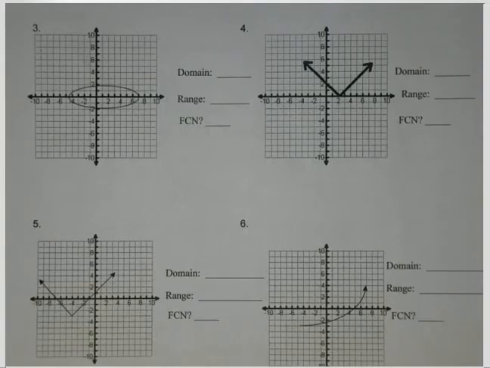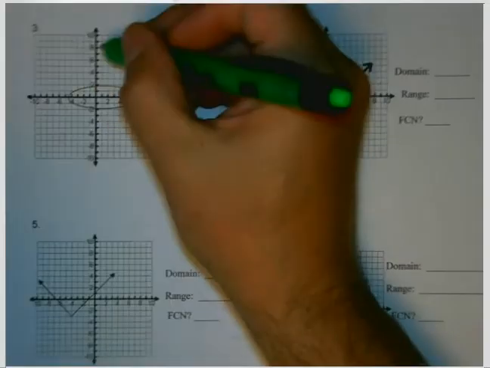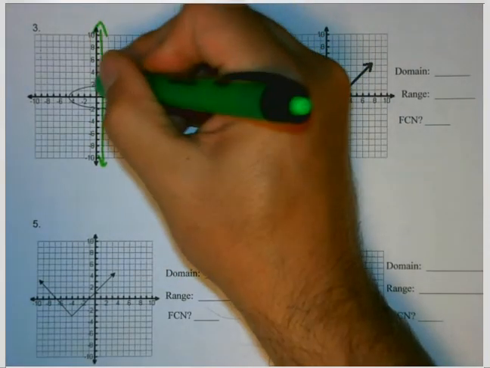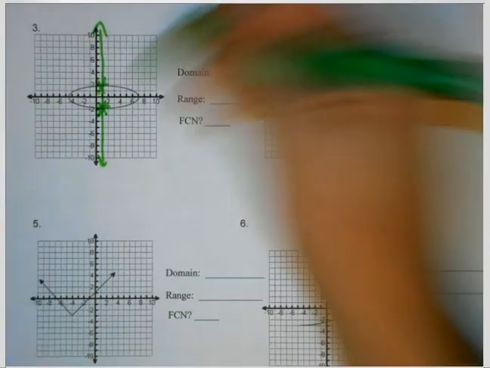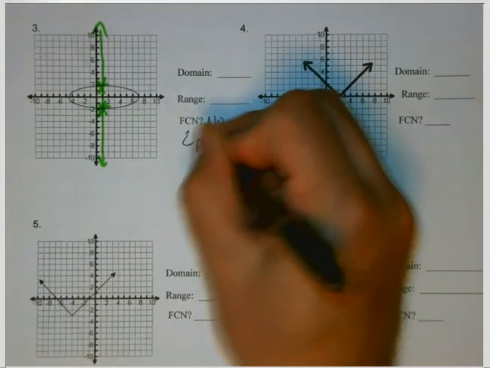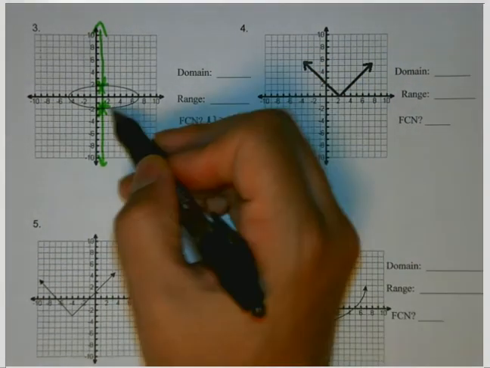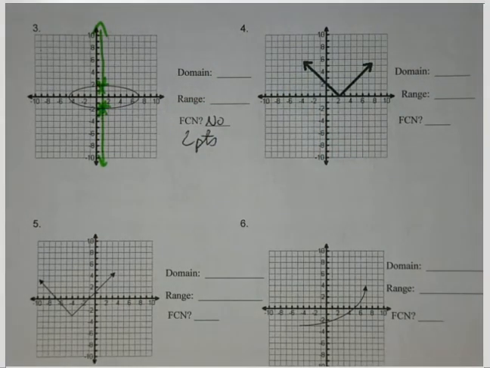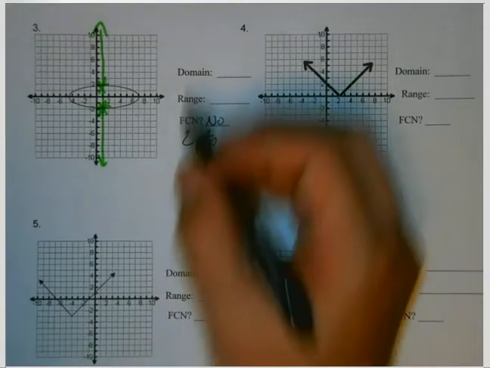Alright, let's take a look at number 3. Again, just find a somewhat central place in your graph. Draw your vertical line. Ooh, 1, 2 points. Is this a function? No, because it crosses at 2 points. In other words, for one x value, I have 2 y values, which is why this isn't the case. Okay, domain, still working left to right.